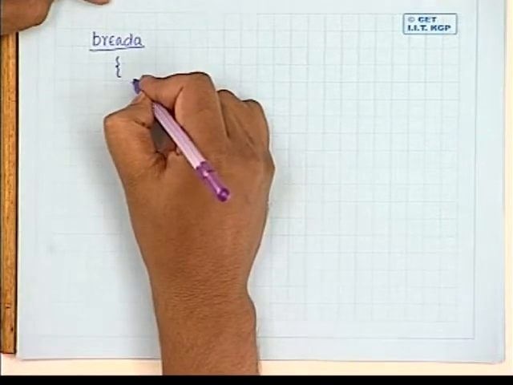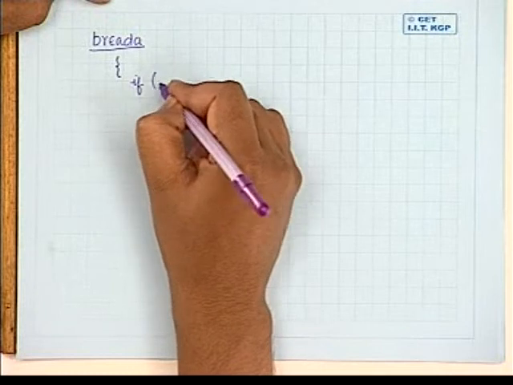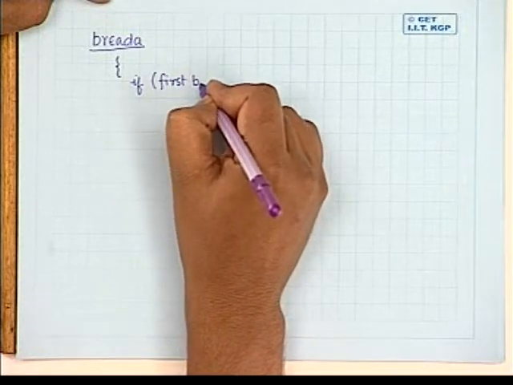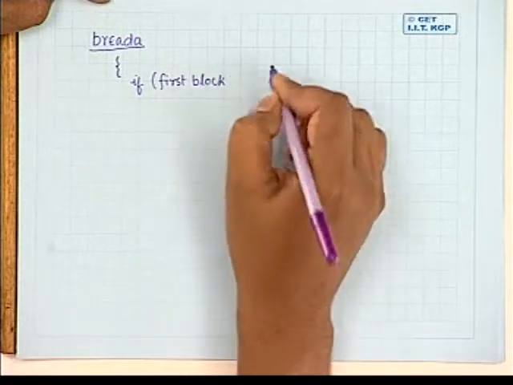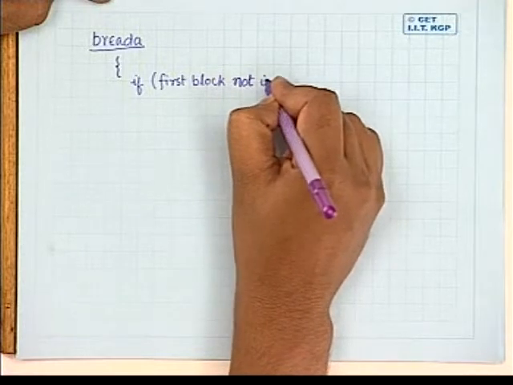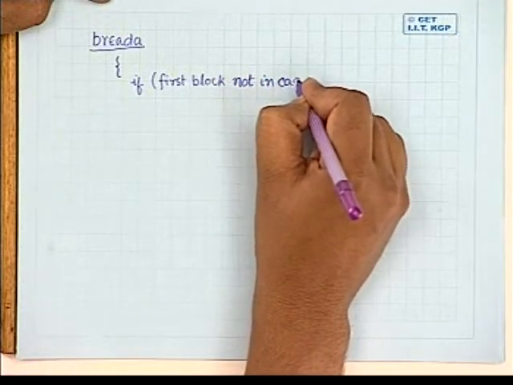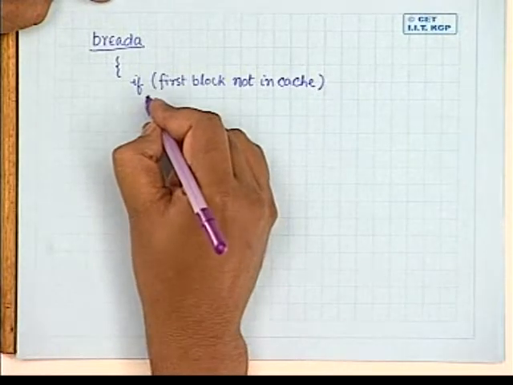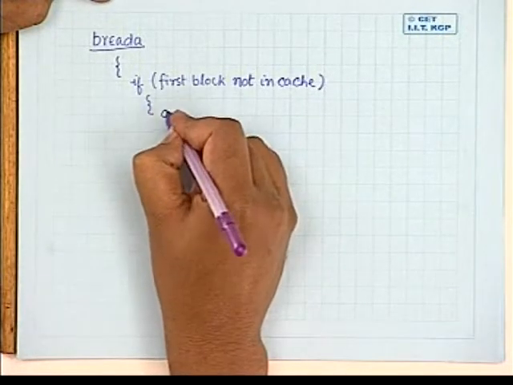So if the first block is not in the cache, then we have to get a buffer for the first block.